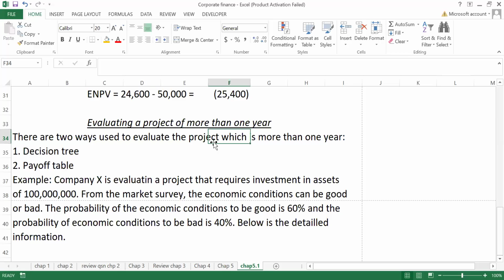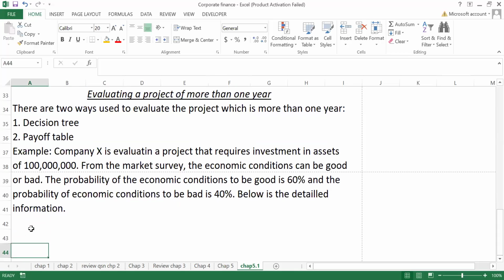You get your discounted cash flows times the probability to get the expected present value. Then once you get the total expected present value, less the initial investment to get the expected net present value. That's what we talked about, but we are going to repeat the same thing in our second example.